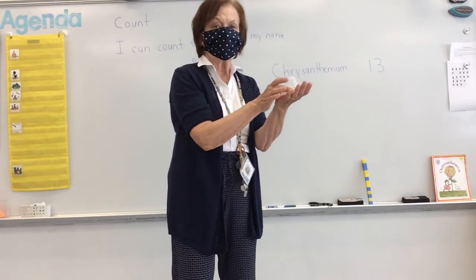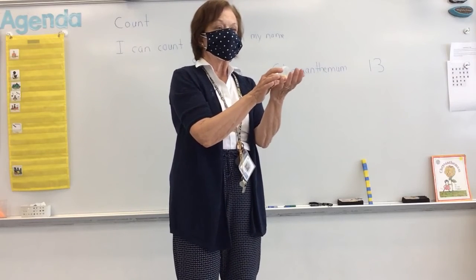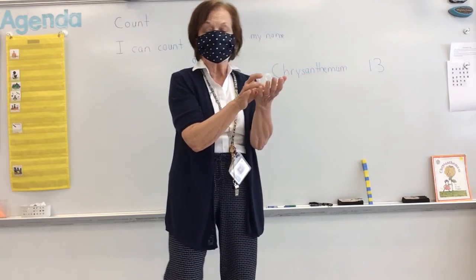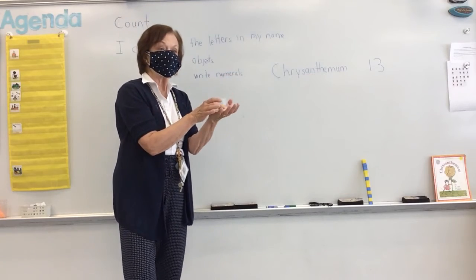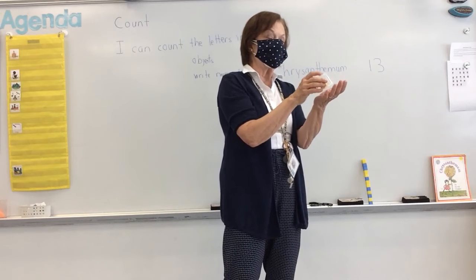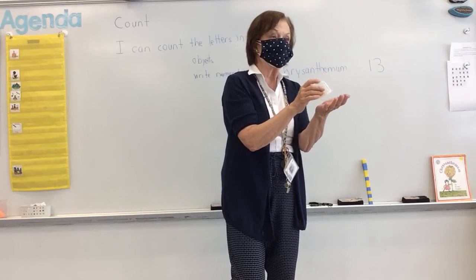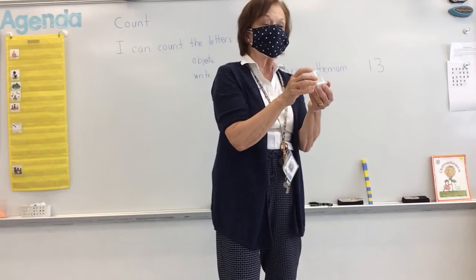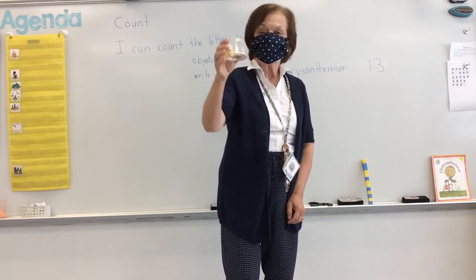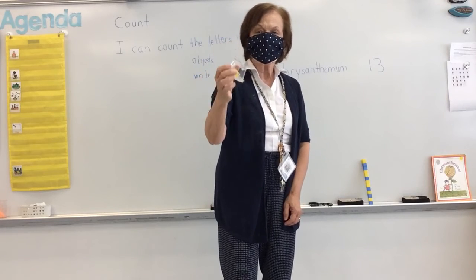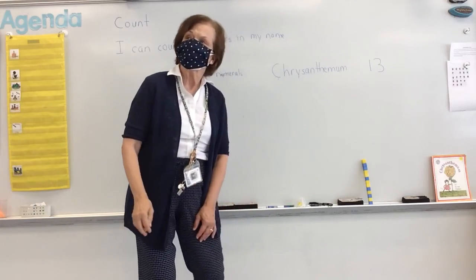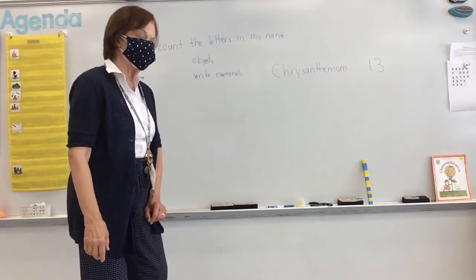Write that number on your board. Whatever you rolled. If you rolled a 1, you write a 1 on your board. If you rolled a 3, okay, you're ready to put it down and get your number. Write the numeral for that number of dots. Show it with a cube train. Then turn it over and do it again and again and again. We'll do that for about 10 minutes until it's time to get ready for lunch.